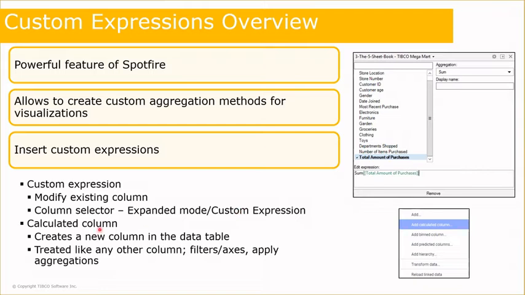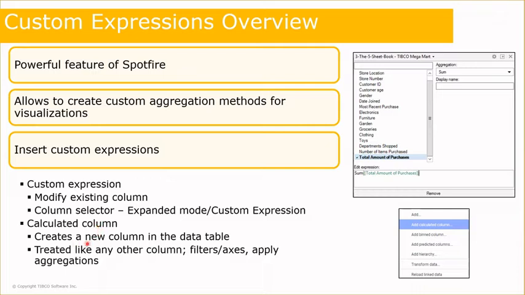The second method of creating custom expressions is creating a calculated column. The difference between a custom expression and a calculated column is that a custom expression is applied on a visualization axis, but when you create a calculated column, that column is added to the data table in the Spotfire document.